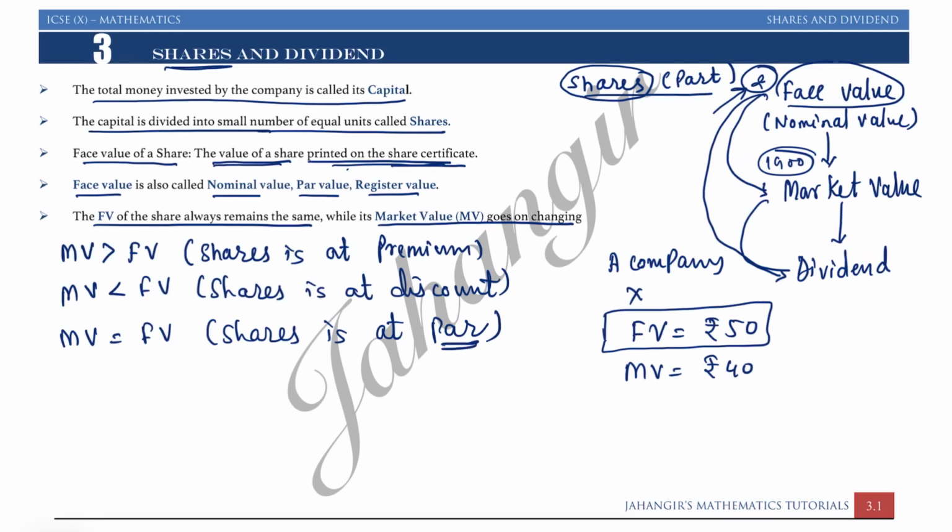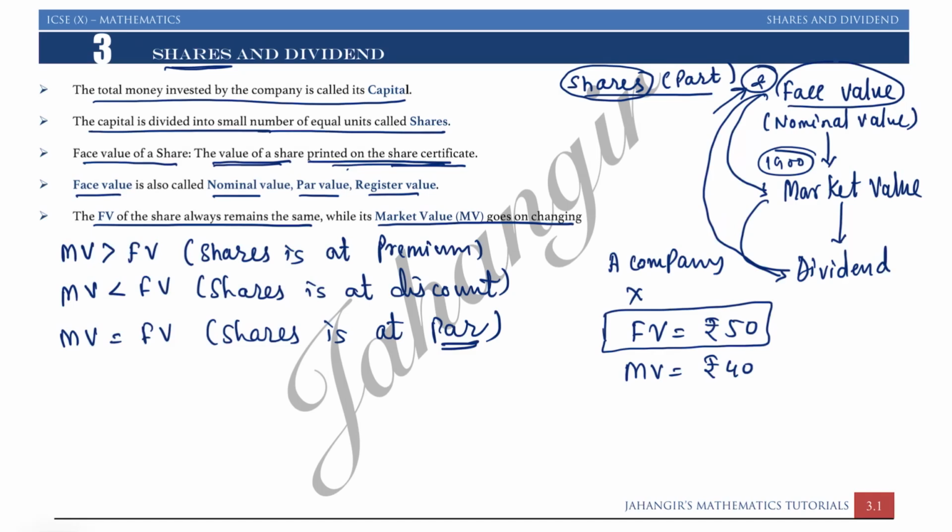So you have understood the two terms. Face value, which is called nominal value, is just a fixed value which does not change according to the market scenario, but market value keeps on changing according to the market scenario. If the market goes up and demand increases, the value of the company's shares increases.